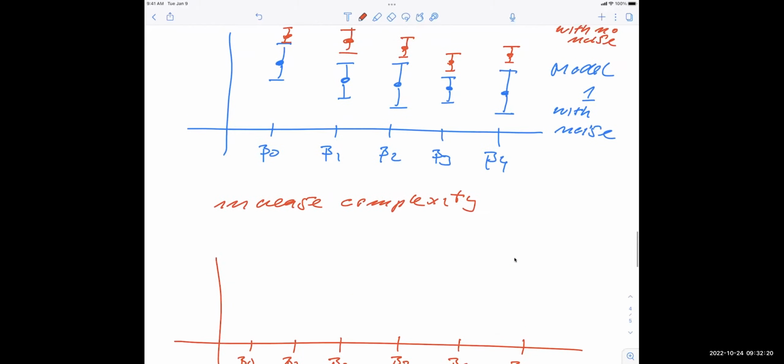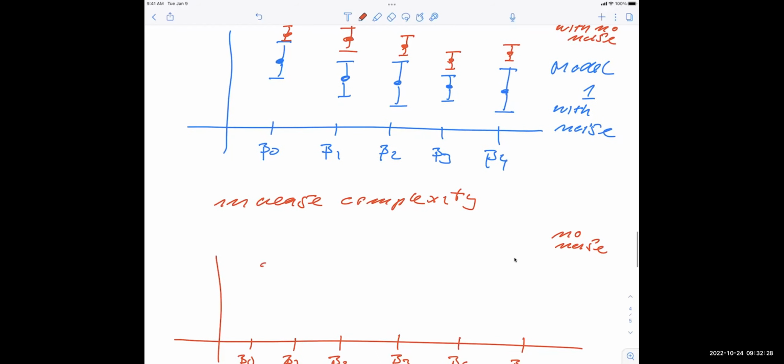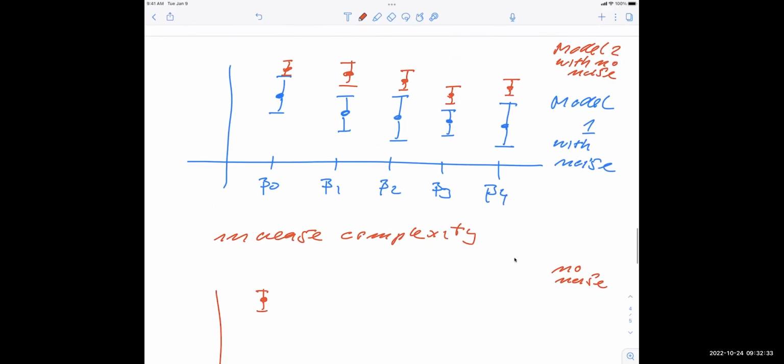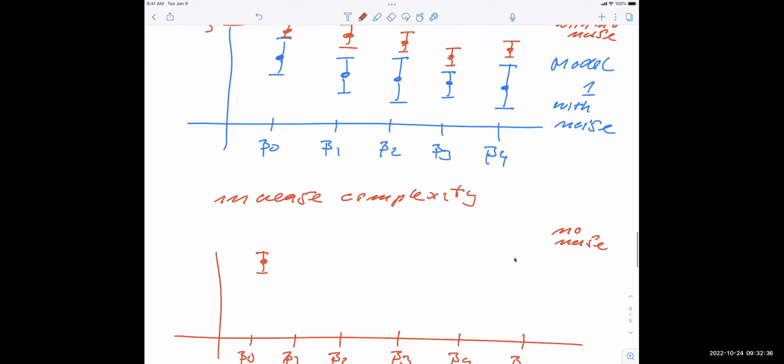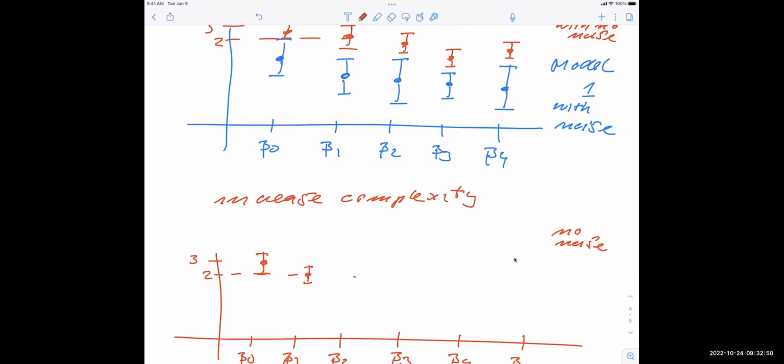So in a model with no noise, what could happen is that the parameters we get, the parameters beta 0, show little difference. If this one has a value of 3, this would also be close to 3. And suppose this has a value of 2 here, and here again this has a value of 2. What we would see is something which does not differ so much from the previous case, and we would have a small variance in the parameters beta.